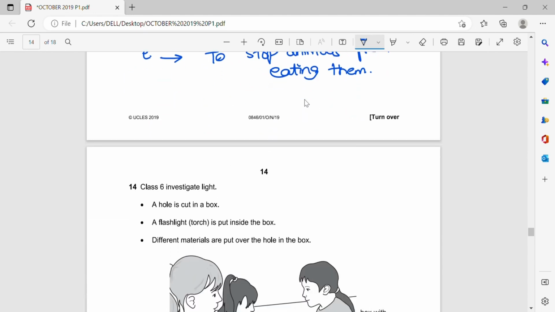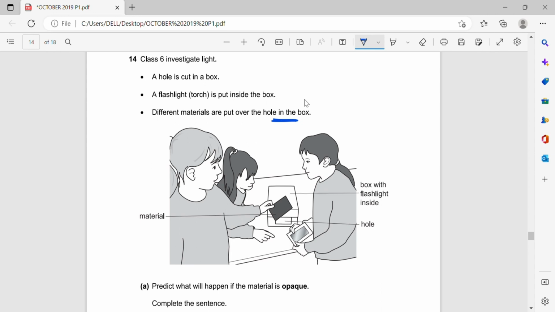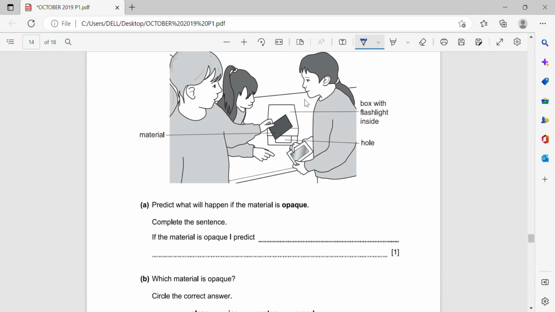Okay. Next question. Class 6 investigate light. A hole is cut in a box. A flashlight torch is put inside the box. Different materials are put over the hole in the box. Predict what will happen if the material is opaque. An opaque material is a material that prevents light from traveling through.